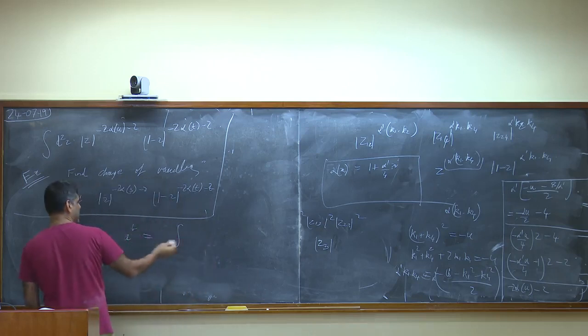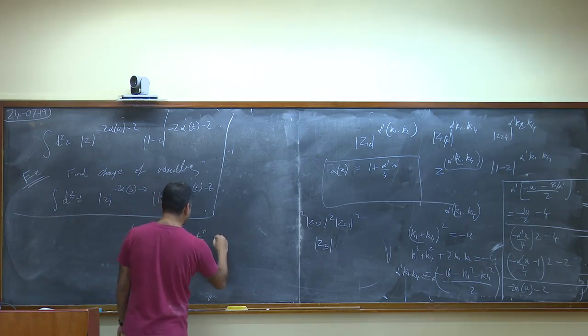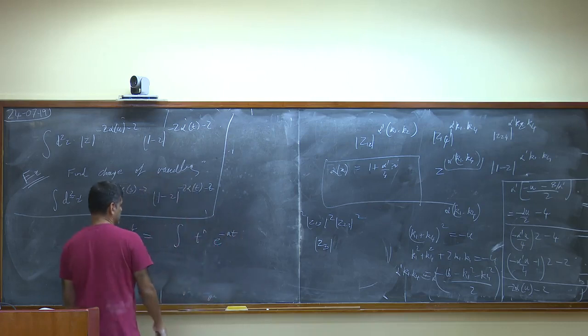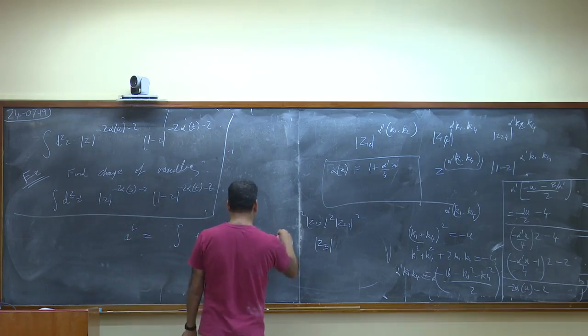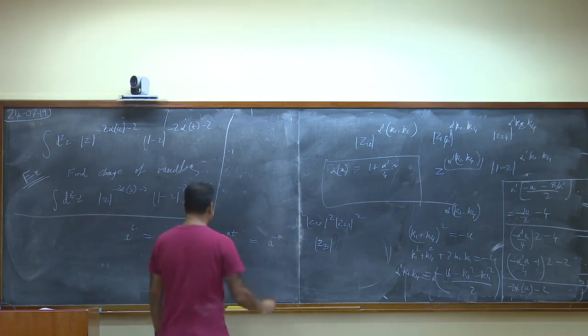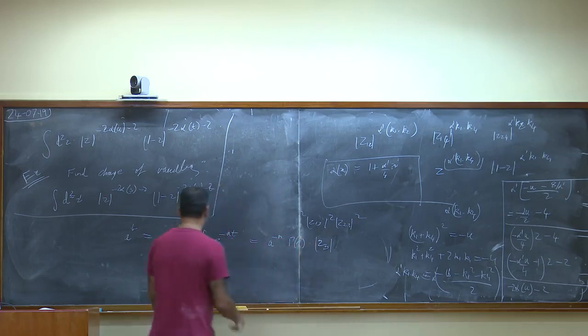You use this formula: the integral of t to the power n, e to the power minus at, is equal to a to the power minus n times gamma of n, or maybe gamma of n plus 1.